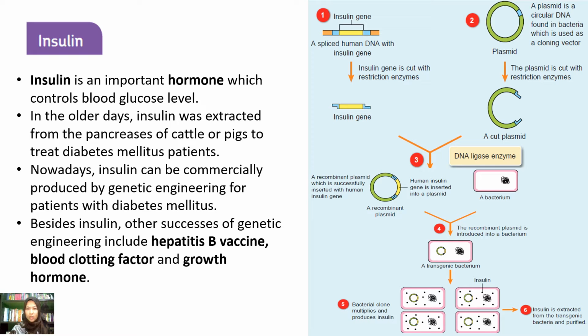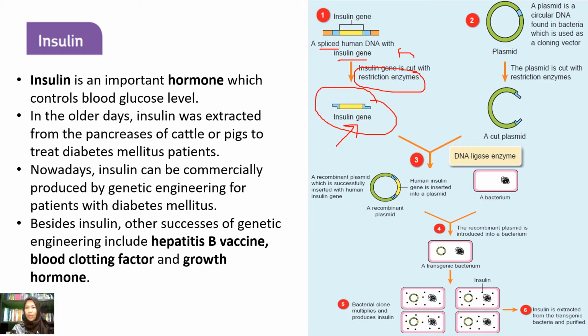Okay, kita tengok kat sini. So, a spliced human DNA with insulin extracted or cut using restriction enzyme. So, the gene that codes for production of insulin isolated from human.